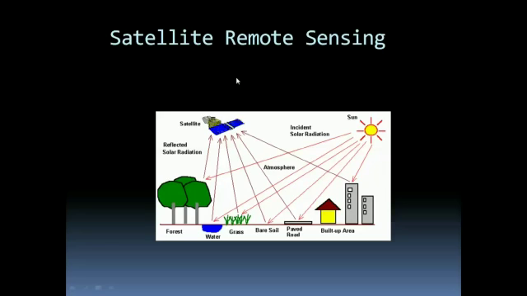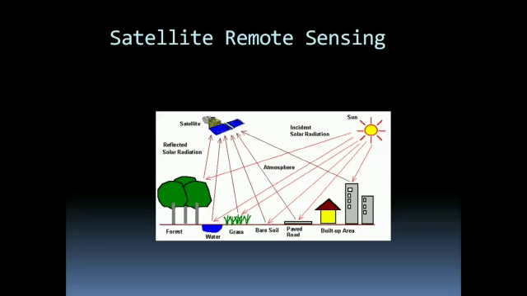So these sensors will receive this energy, and according to that a signal will be prepared in this satellite, and it will be sent to the ground, to the antennas or the data centers, and that data will be analyzed further to understand what is the information about this forest. That's it. This is how satellite remote sensing works.